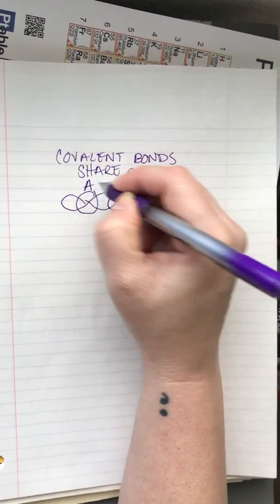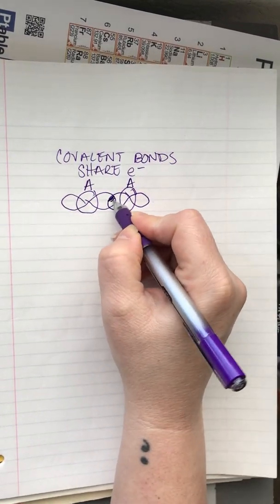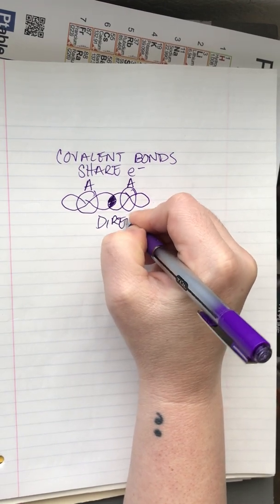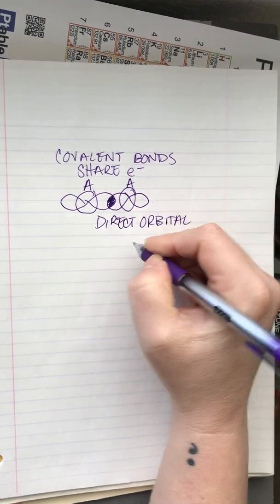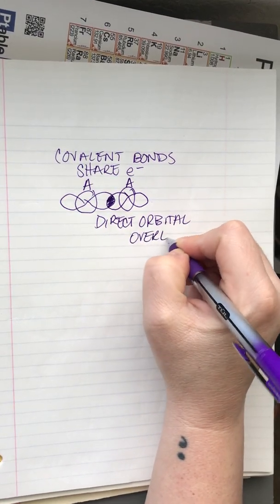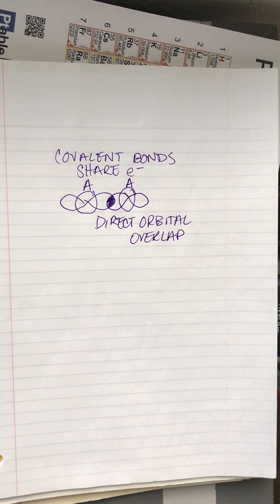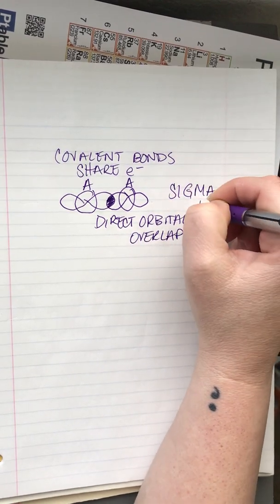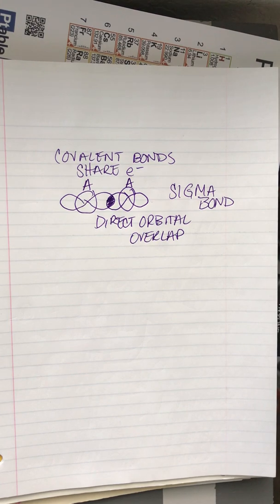Let's say this is atom 1 and this is atom 2. This section here is direct orbital overlap. Does that make sense? So this is a sigma bond. Coolsies?